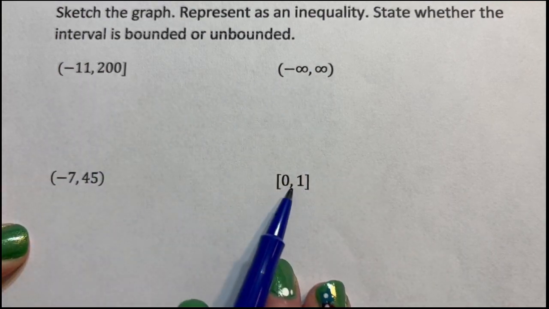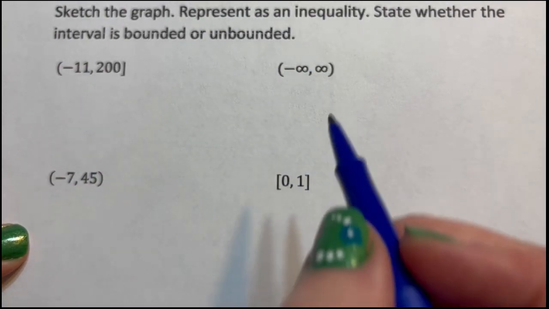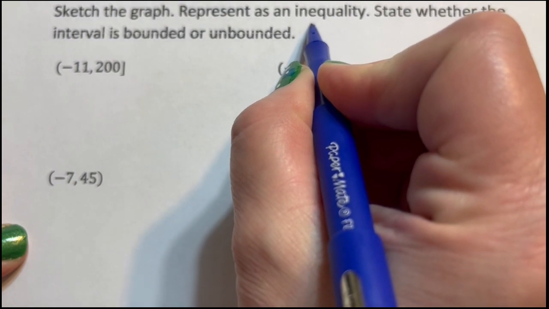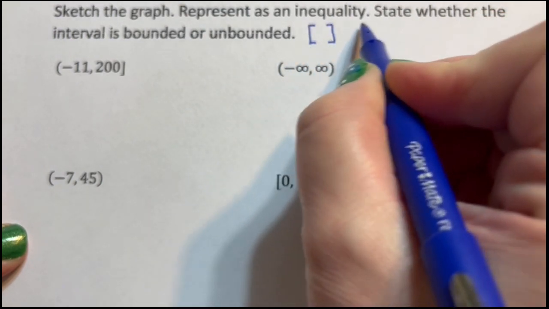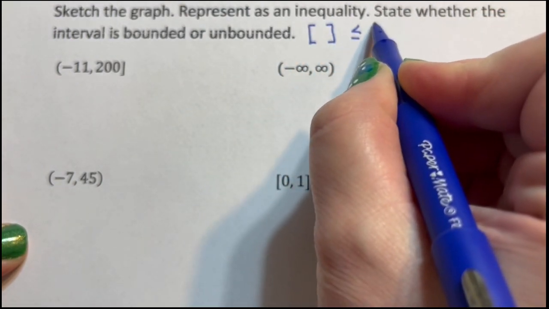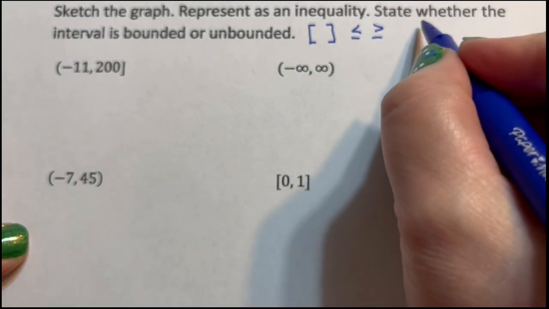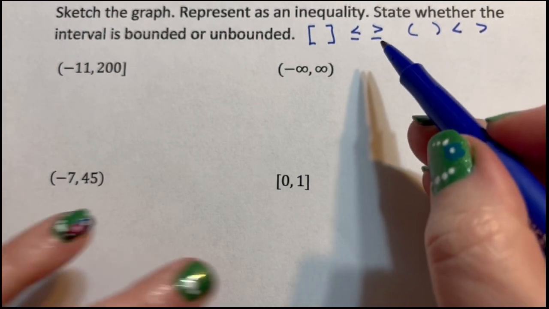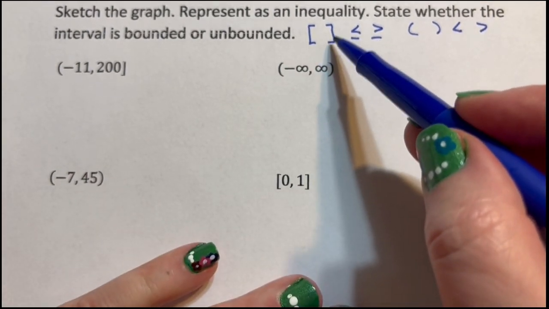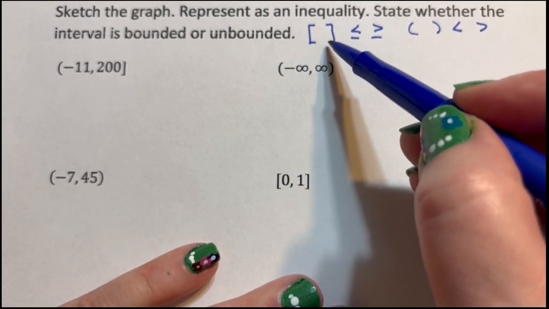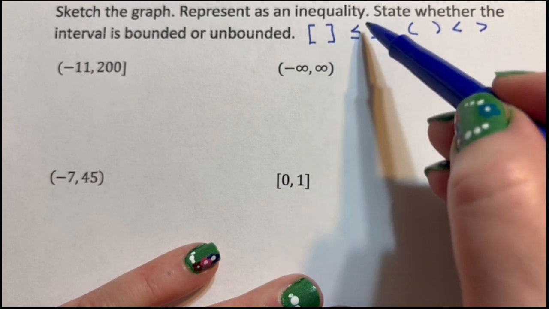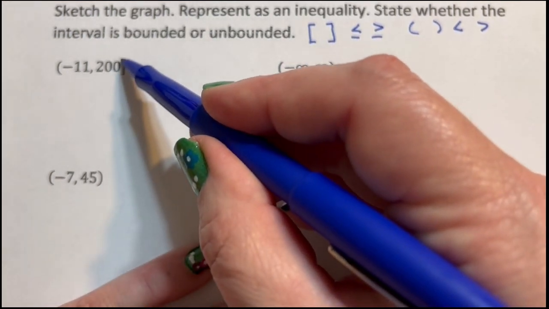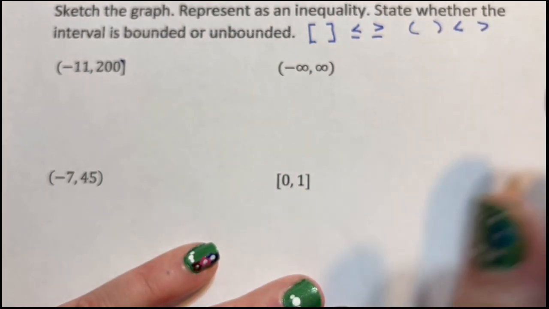If you haven't seen interval notation before, in general, the brackets are used for the less than or equal or greater than or equal signs, and the parentheses are for the less than or greater than signs. I like these interval notation signs because I think the bracket looks like a wall, so it's like your variable is reaching for the number, like this 200, and actually touching it.